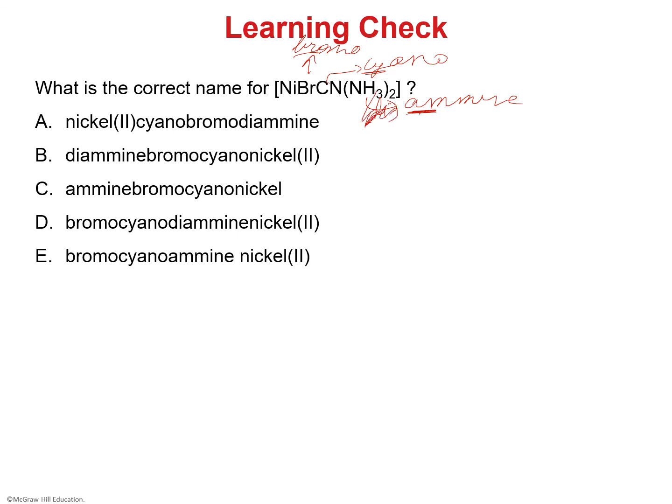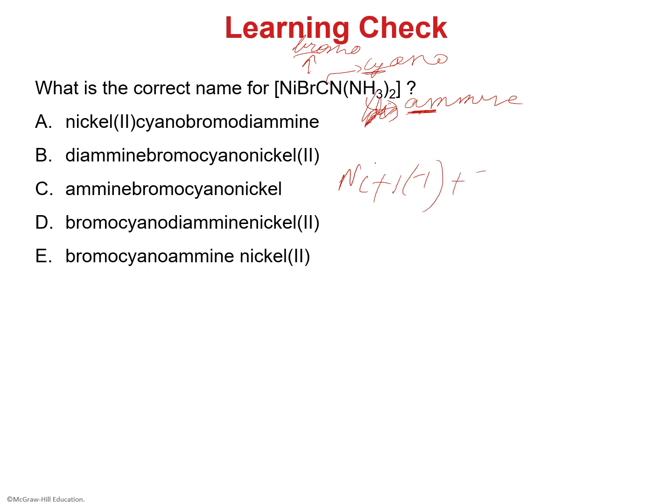So it's going to be bisammine, right? So let's see if we can find a name. There's no bis, but there's a diammine. Okay, so we can work with that. Diamminebromocyanonickel(II). Now we have to figure out if it's actually nickel(II). How can we do that? Nickel, let's assume it's nickel. Br is 1 and there's -1 always in Br, so 1 times -1.